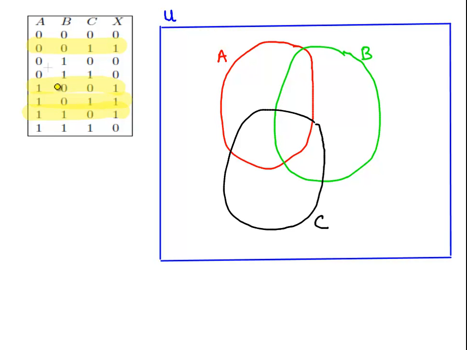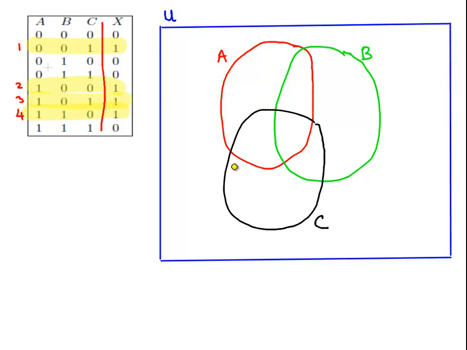I'm just going to give them names: Region 1, Region 2, Region 3, and Region 4. The first region is inside the perimeter of C, but not inside B and not inside A. So it's C only.